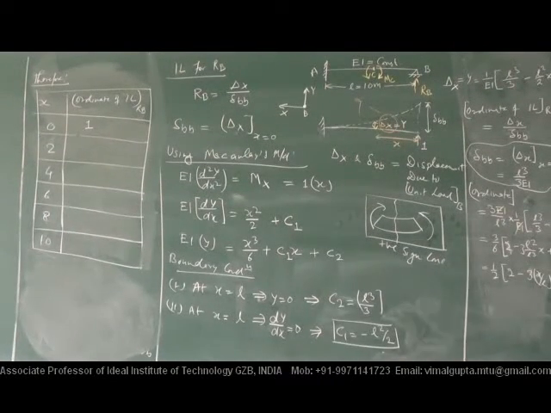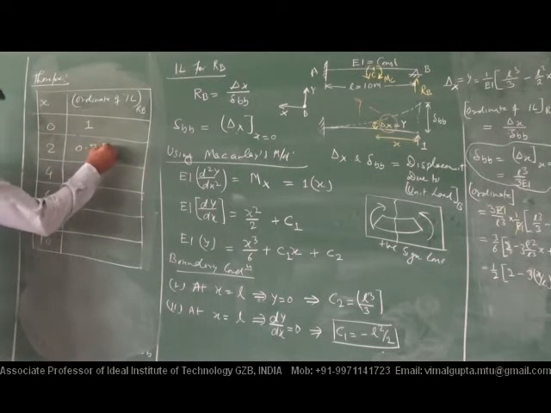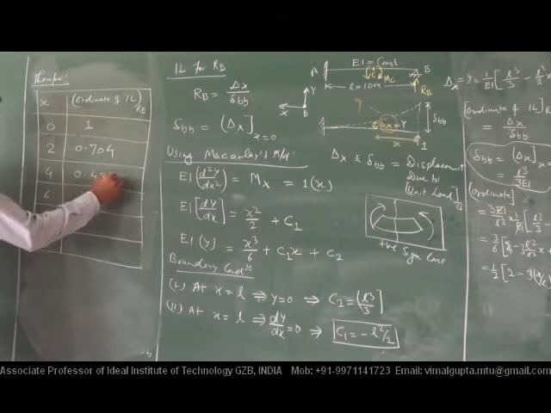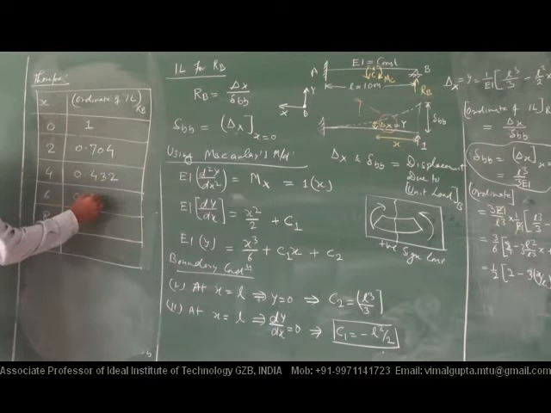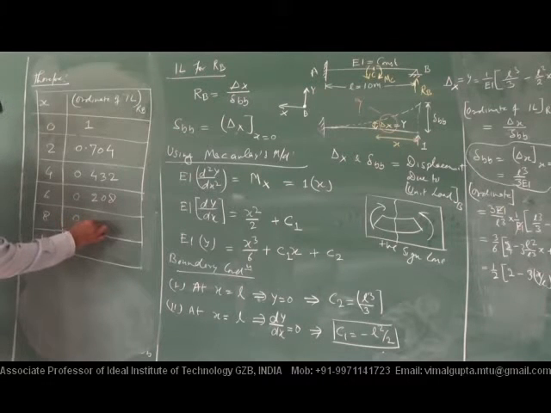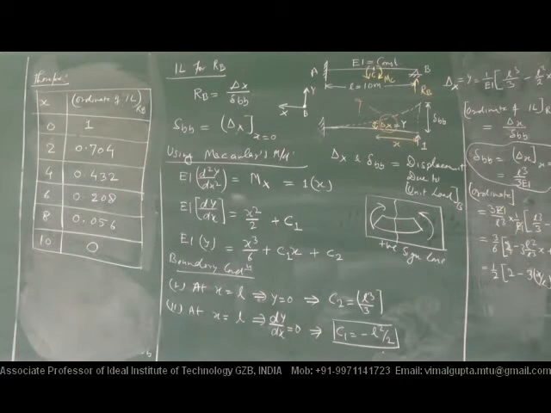So the values are at x is equal to 2, 0.704, at x is equal to 4, 0.432, and at the end it will be 0, definitely, it should be 0. Clear?